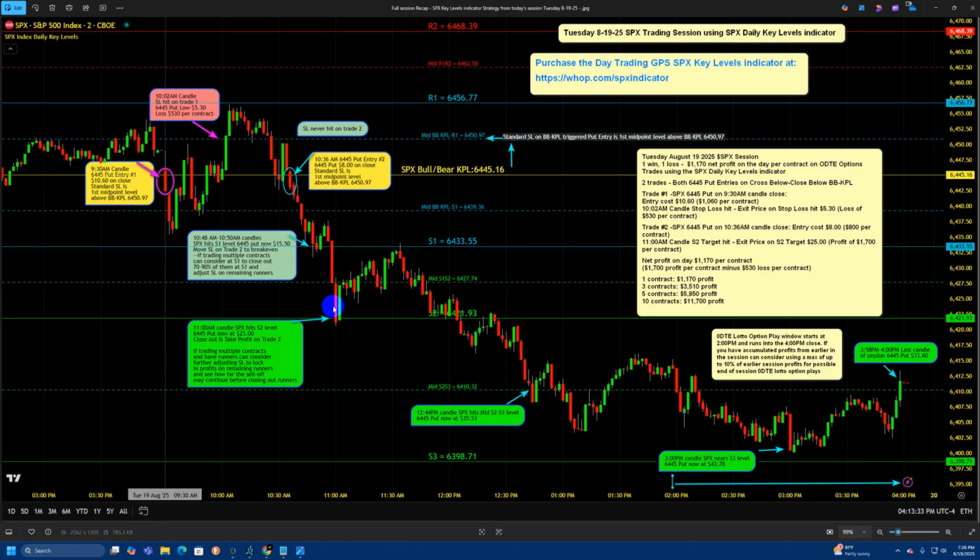So this is where, if you were just trading one contract, you would go ahead and close that out here. If you were trading multiple contracts and you had not done any runners and already closed out 70 to 90%, then you would definitely want to close out all contracts here, because this is basically a 2-level move.